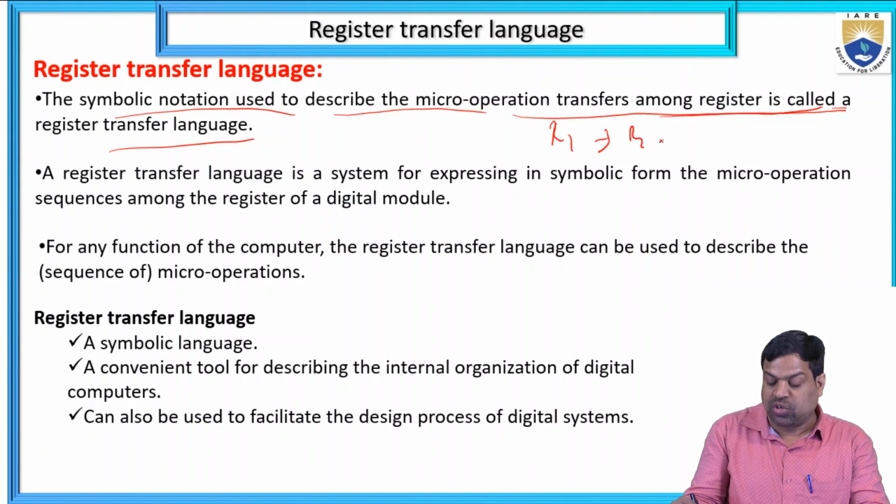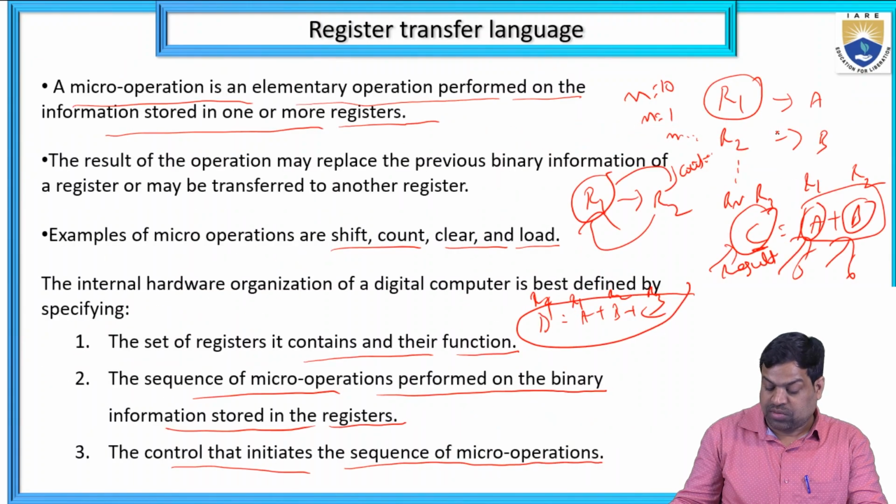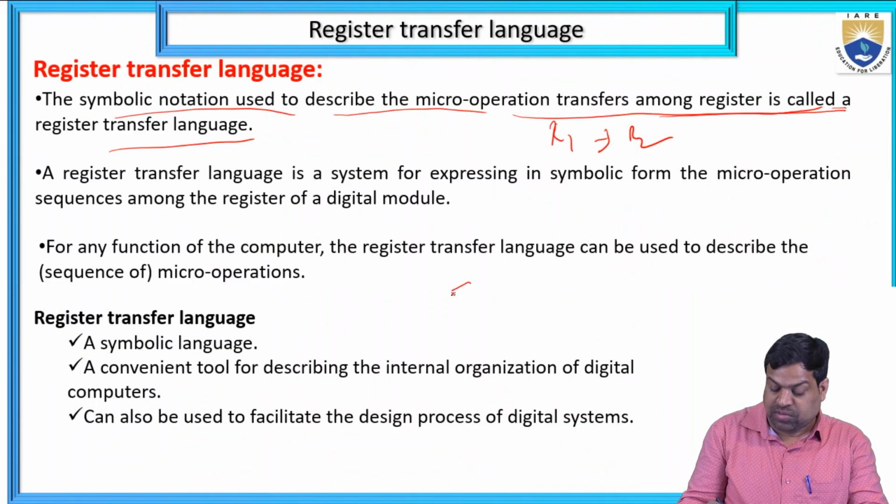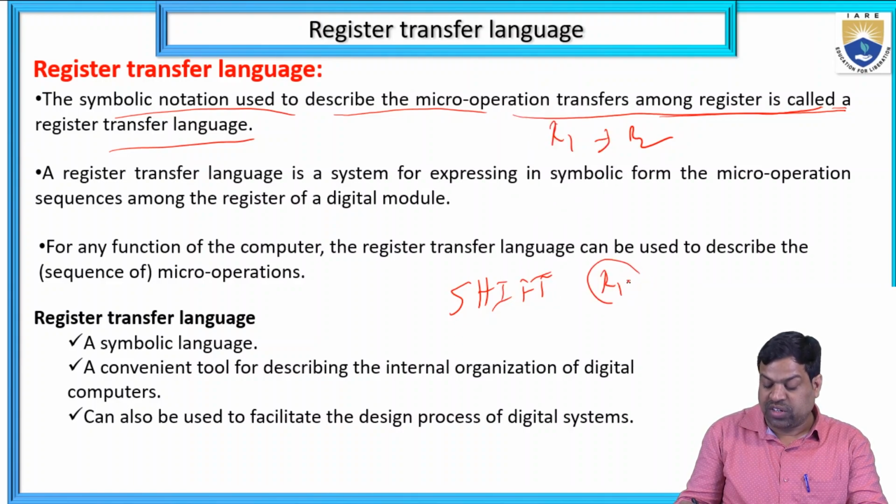Okay, R1 to R2. How are we using it? It is a symbolic notation. Suppose I am using shift here. Shift R1 means the R1 value is shifting, move R1 comma R2.